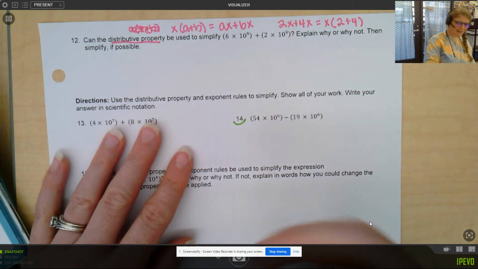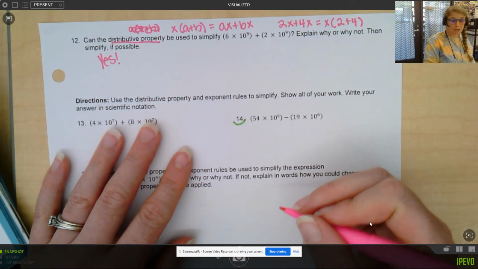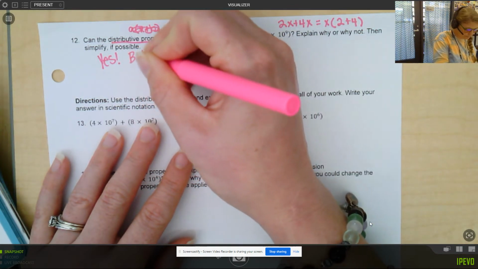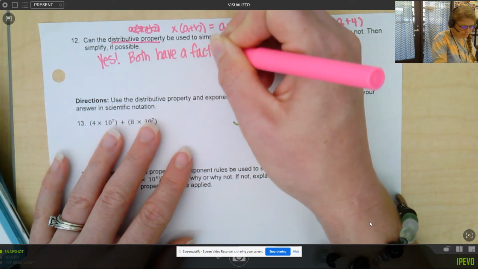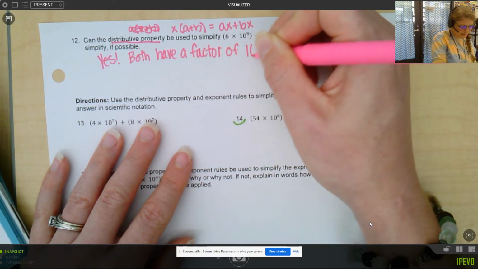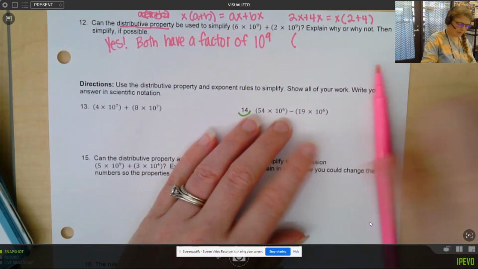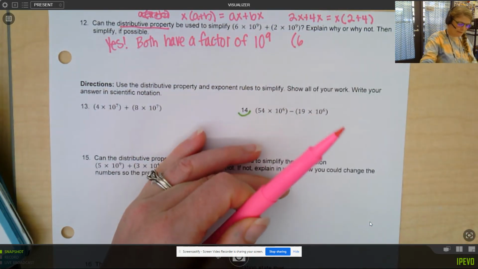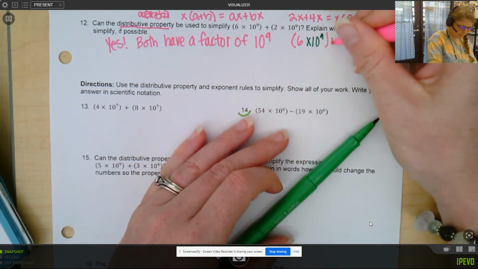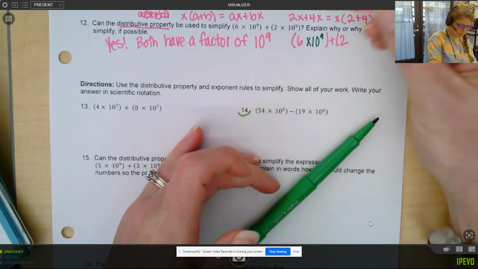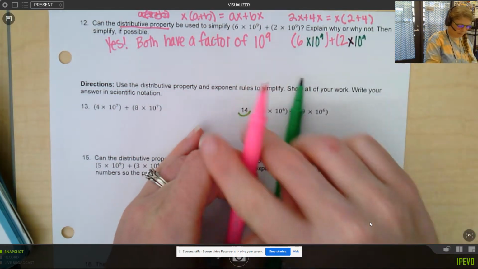Okay, so we want to know, can the distributive property be used to simplify this? Well, it is a yes. Distributive property can be used because both have a factor of 10 to the 9th power. So what we can see here is that we have 6 times 10 to the 9th plus 2 times 10 to the 9th.